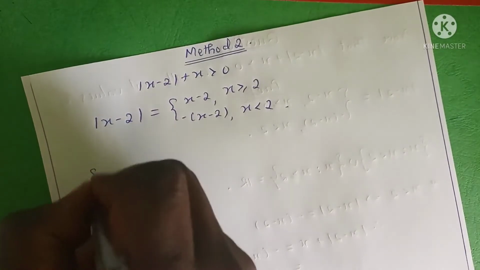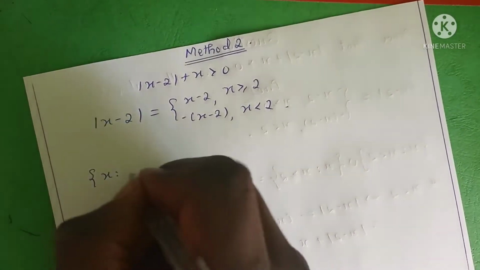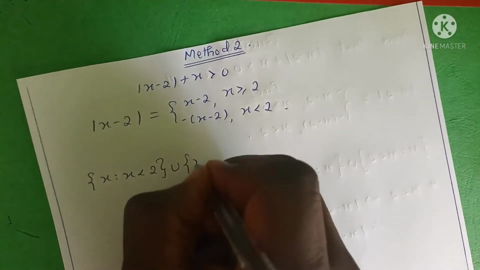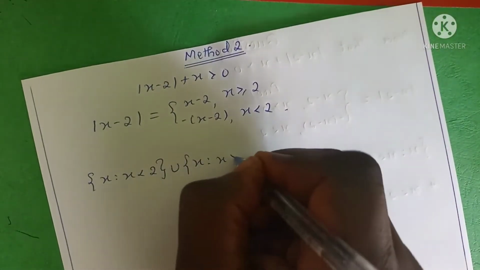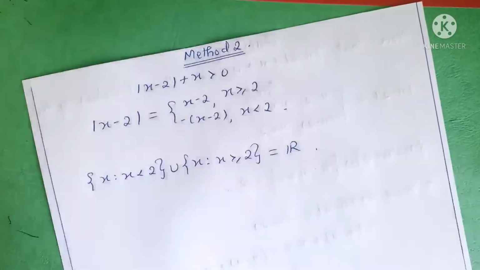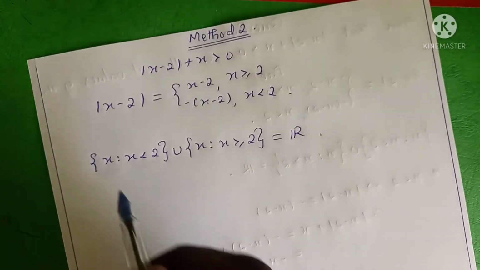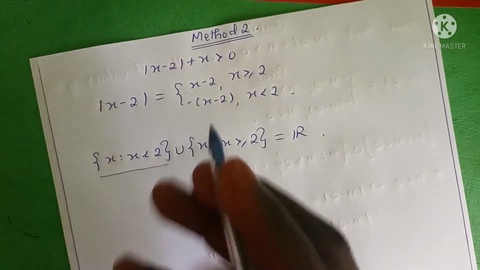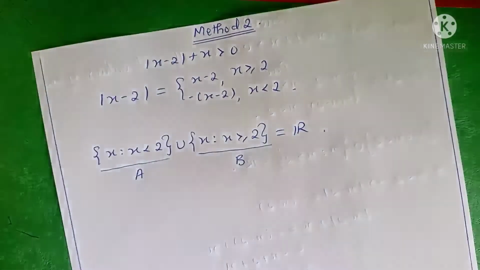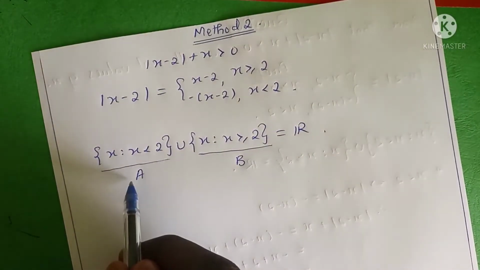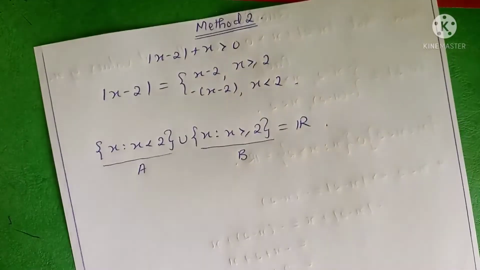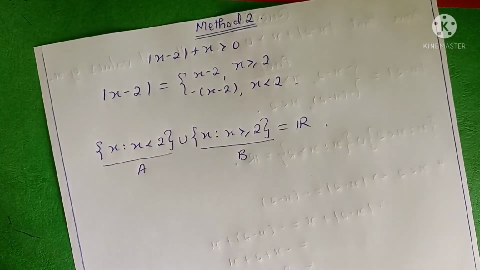And notice also that they said the set of x such that x is less than 2, union the set of x such that x is greater than or equal to 2, is the same as the set of real numbers. So we're going to find that subset of, let's call this A, and we call this B. So we're going to find that subset of A that satisfies the above inequation, and also the subset of B that satisfies the above inequation.